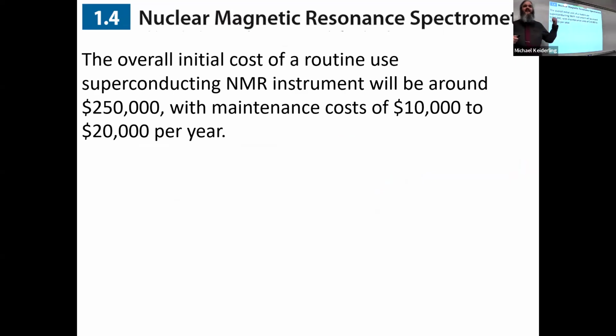These are the big, nice superconducting NMR instruments. They're expensive. They cost $250,000, with maintenance costs of $10,000 to $20,000 a year. That is not what we have. We have a crappier tabletop NMR, but tabletop NMR has minimal maintenance costs; I guess we should change the filter at some point.